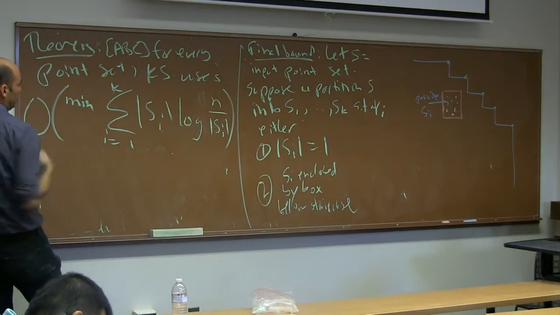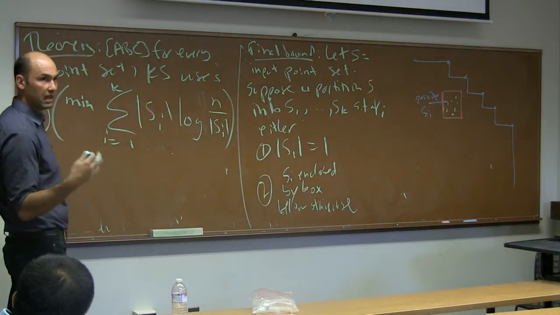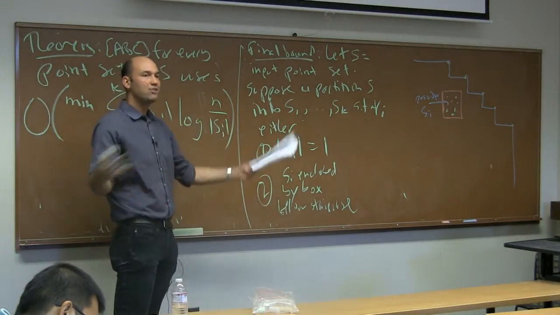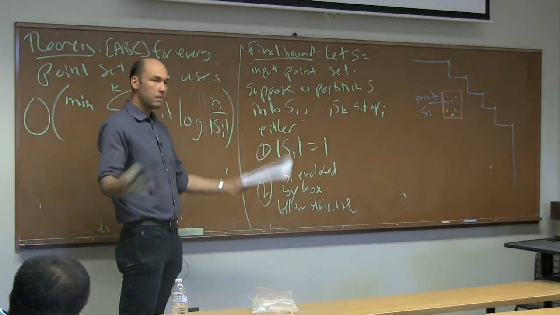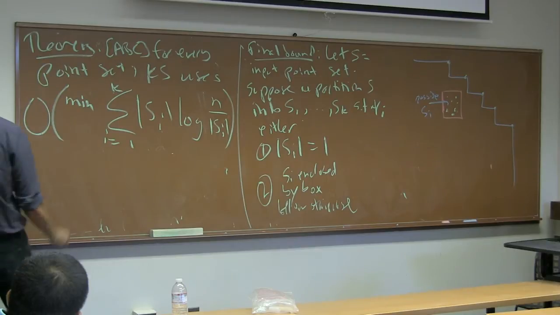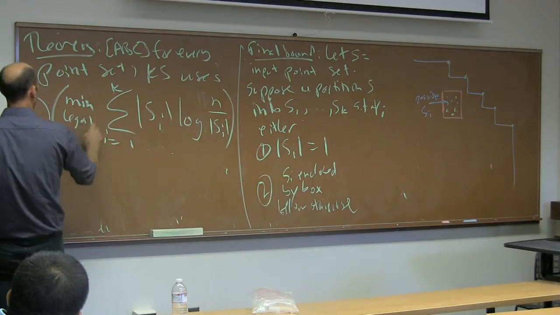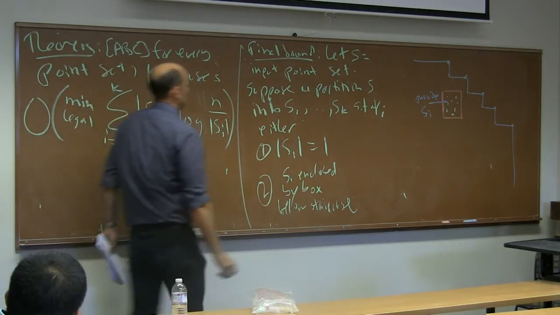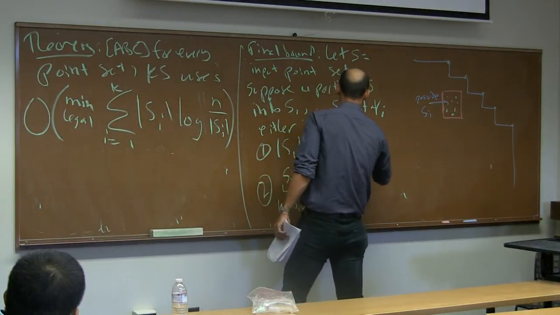And this is an upper bound on the running time of Kirkpatrick-Seidel for every single partition of this form. So in particular, the minimum of this quantity over all legal partitions, meaning partitions of this form, is an upper bound on the running time of the algorithm.